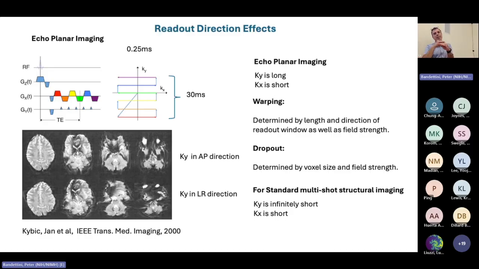You're collecting one line at a time. So there's no distortion in one direction, and there's only a tiny little bit of distortion in the other direction, 0.25 milliseconds essentially. That's why your structural images look great and your echoplanar images look bad, because of the length of the readout window. And if you try to squeeze the readout window to be shorter, then the images will look better and better in that regard.